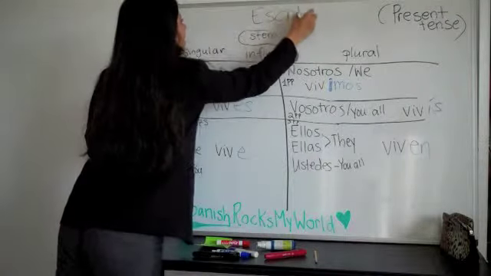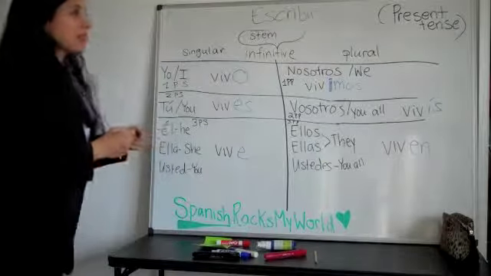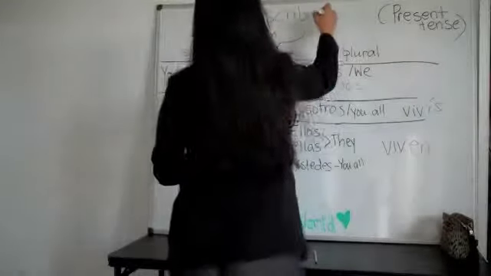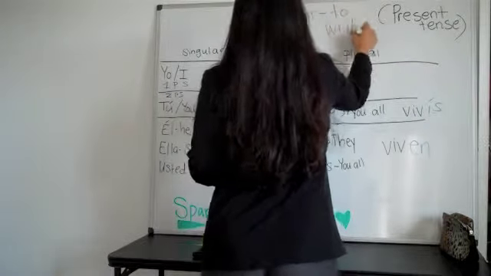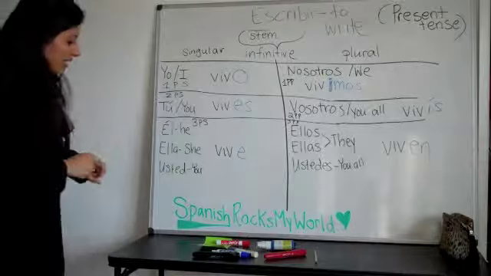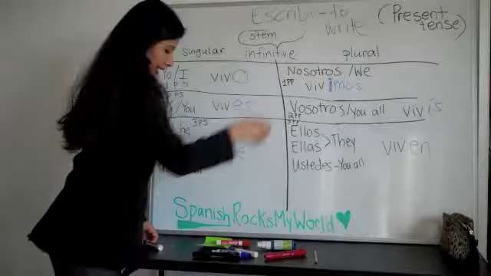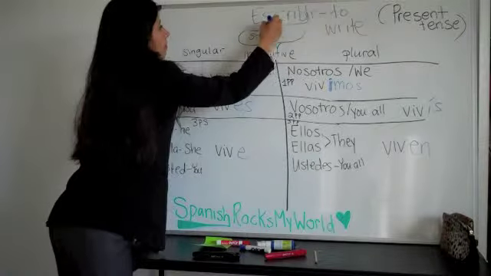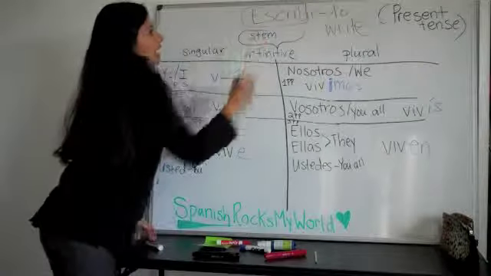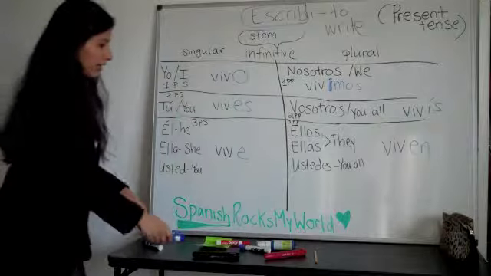Escribir. What does escribir mean? It means to write. Like you can think scribe, right? To write. Escribir. So where's my stem? Well, IR, take that off. And then you have your stem. Escribe. Obviously that's important because you need to put it here.